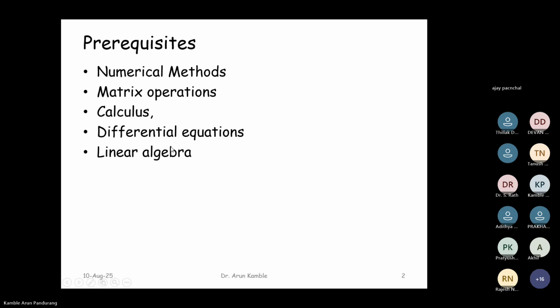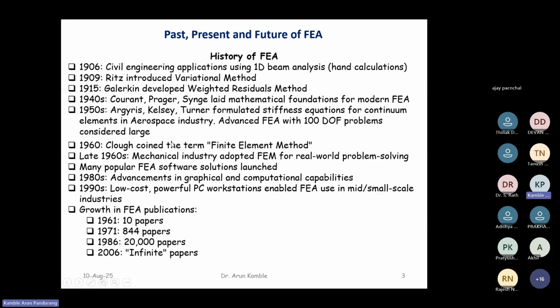I will start with the history, present, and future of finite element analysis. First, in 1906, civil engineering applications using 1D beam analysis were performed, and then in 1909, Ritz introduced the variational methods.